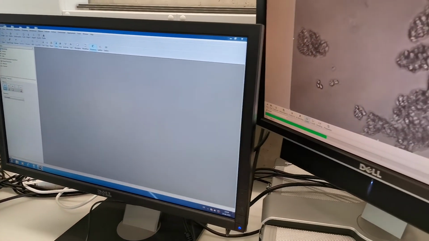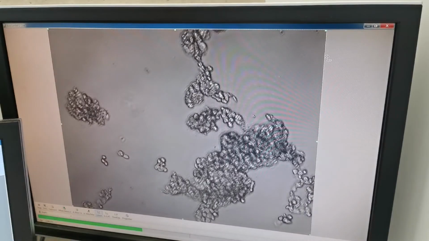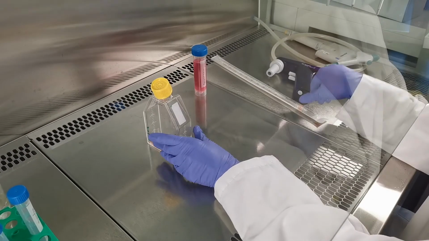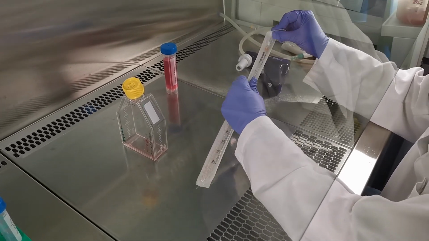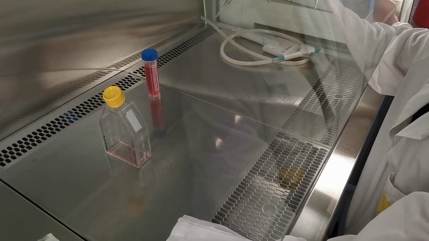Here we see the HepaRG after trypsinization as an example of this. As you can see, the HepaRG will need to be mixed well prior to use to ensure a single cell suspension. The cells are then resuspended in aggregation medium, which contains 20% FBS and therefore inactivates the trypsin.